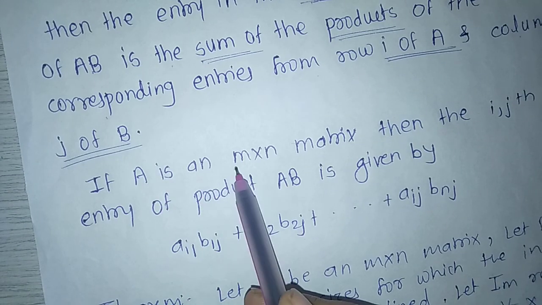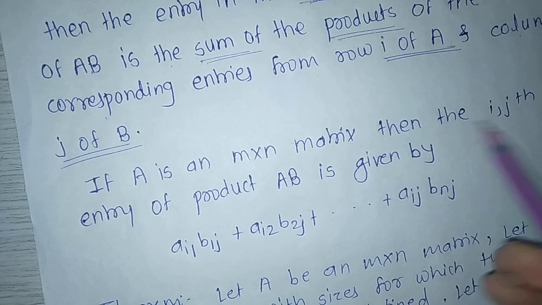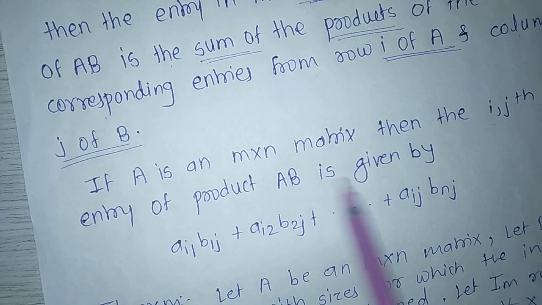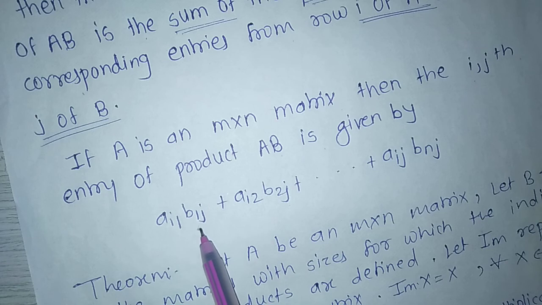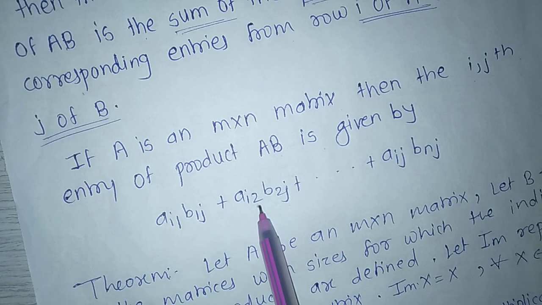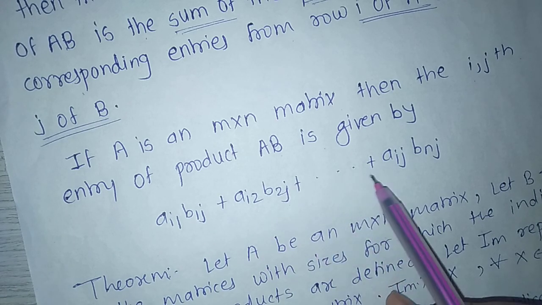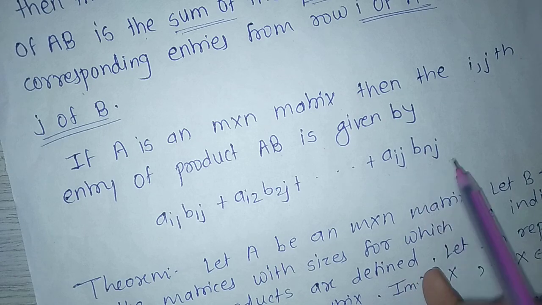If A is an m by n matrix, then the ijth entry of product AB is given by ai1 b1j plus ai2 b2j plus, and so on, plus ain bnj.